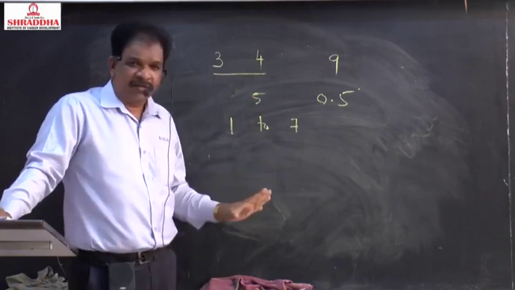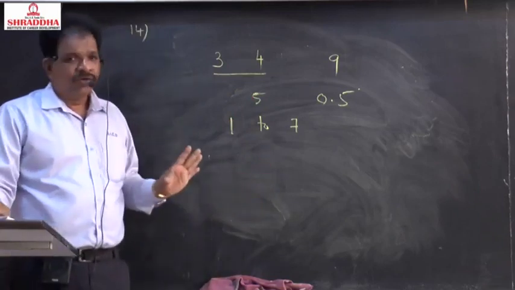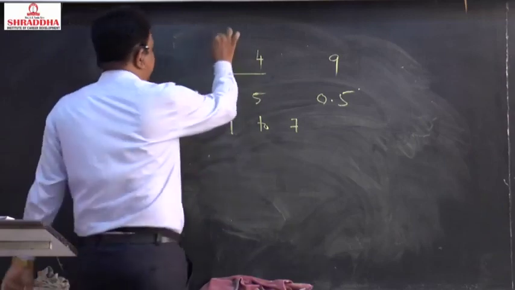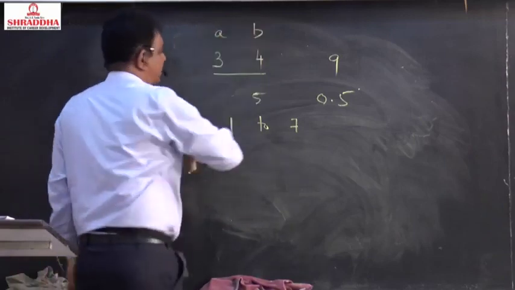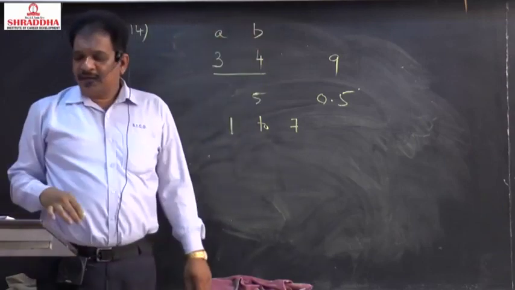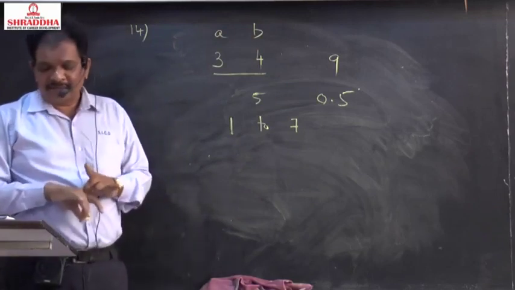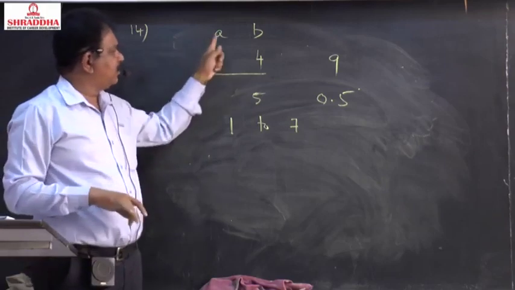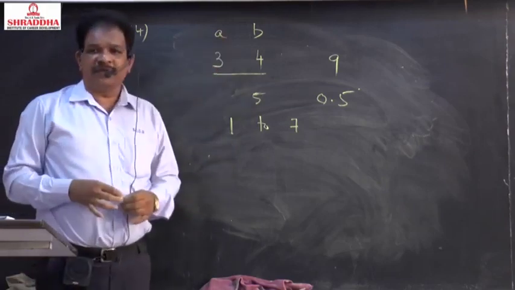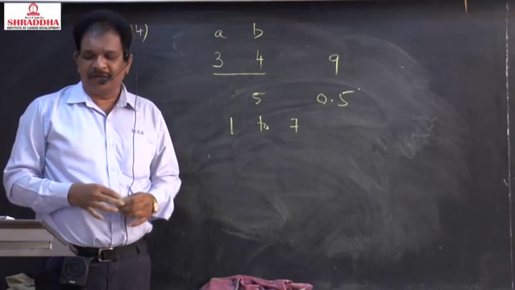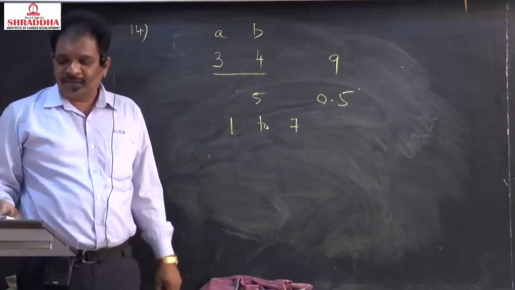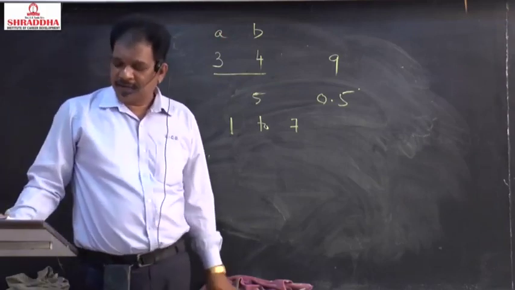So the question here is: two vectors are there, their magnitudes are A and B, and the resultant vector is always equal to A plus B, less than A plus B, greater than A plus B, or not greater than A plus B. Always equal to A plus B, that is wrong.